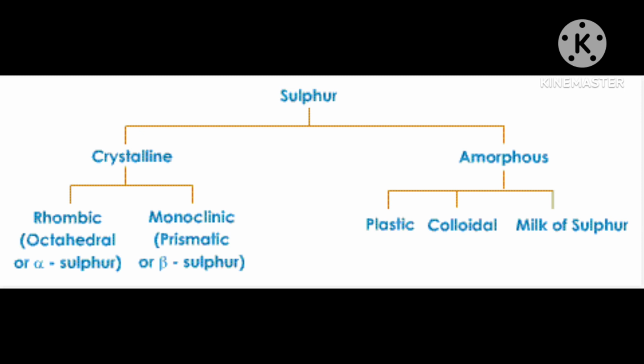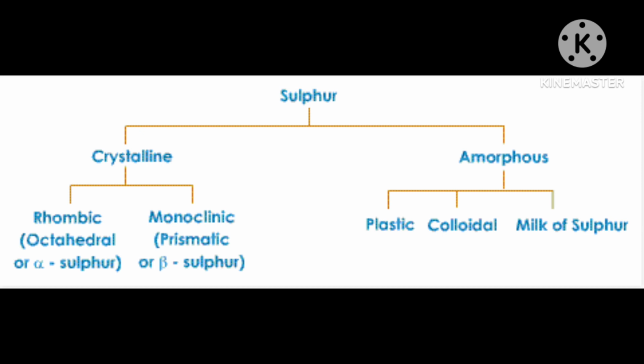Again, rhombic sulfur crystals are formed on evaporating the solution of roll sulfur in carbon disulfide, CS2.